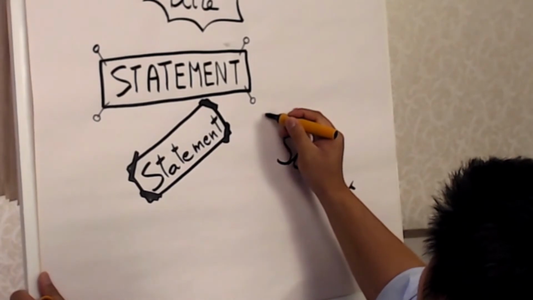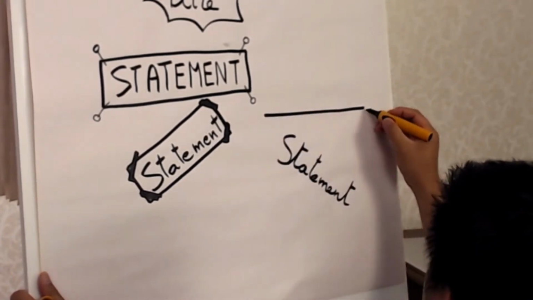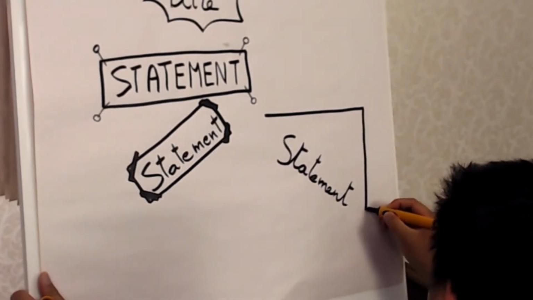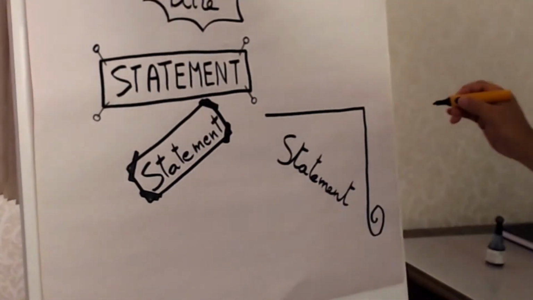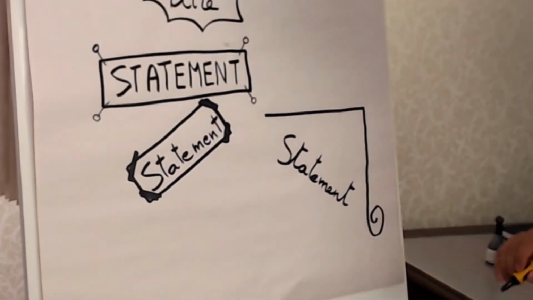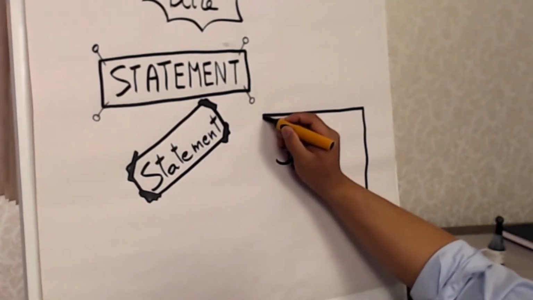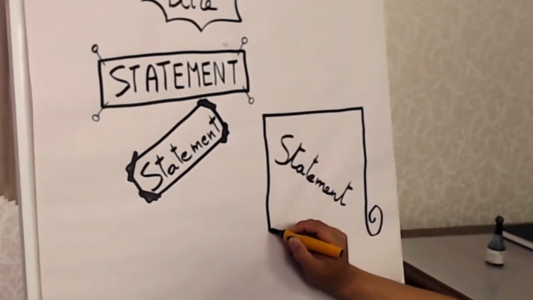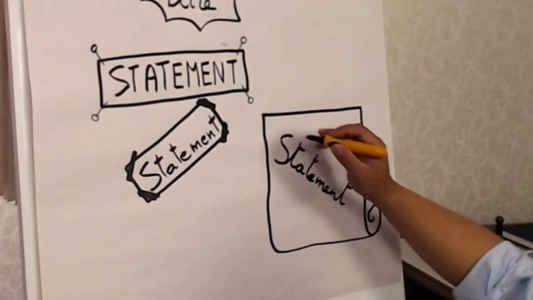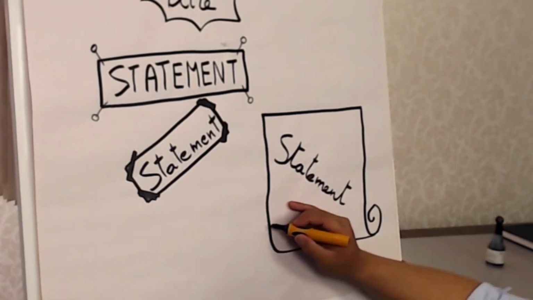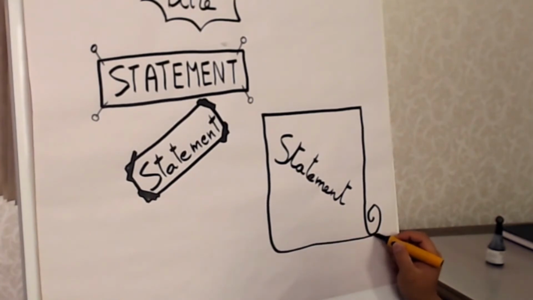And how do you draw that? You start with the top line, you drop down, and you make a whirl here. And then on the other side, you're going to draw a line that doesn't make a hard angle. You just make like a rounded corner here, and you close at the whirl.